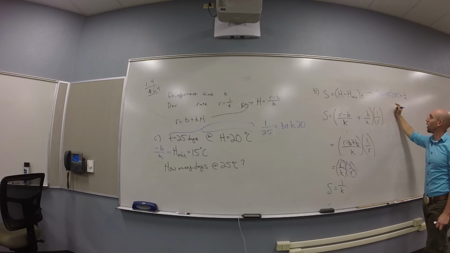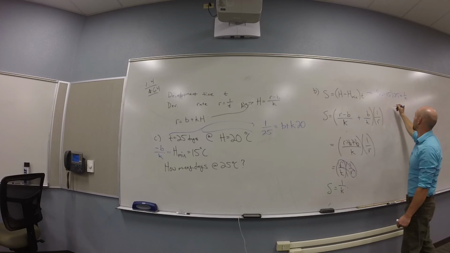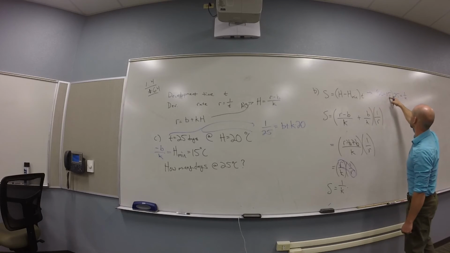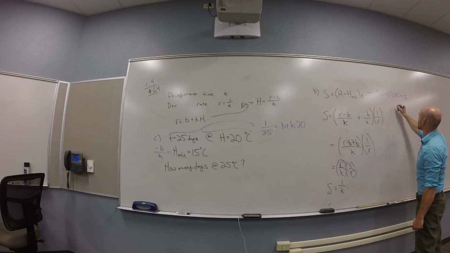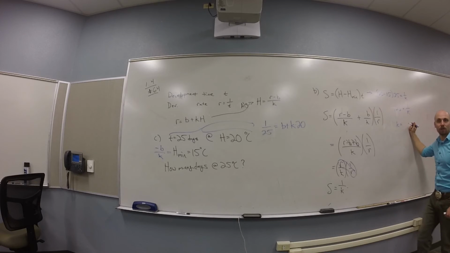So this is going to let me figure out what 1 over K, or what K is. This is 5 times 25, so I got 125 is 1 over K. Tells me K is 1 over 125.